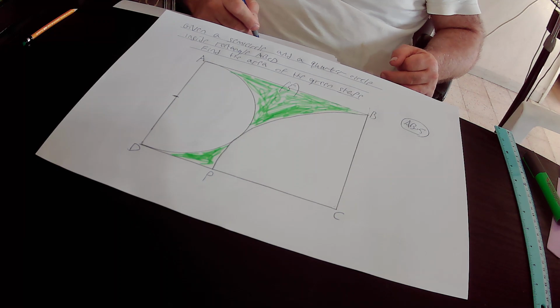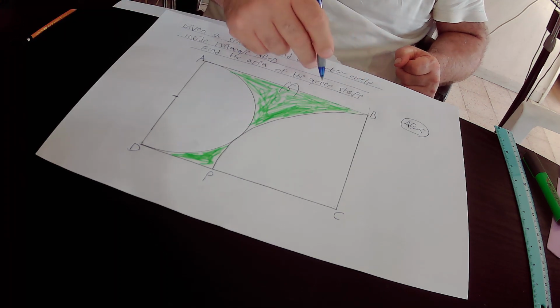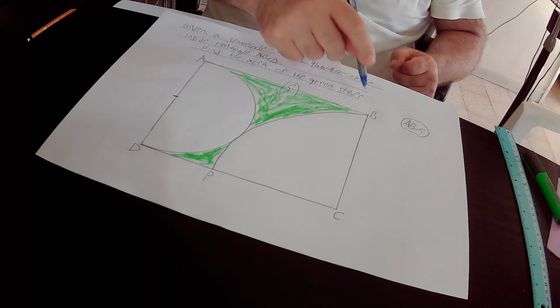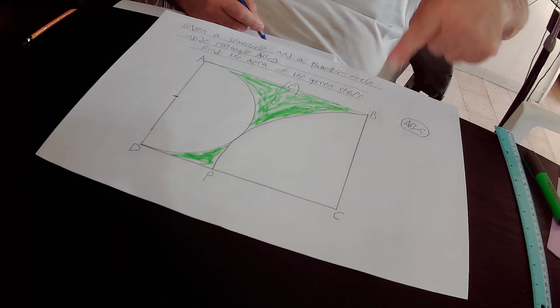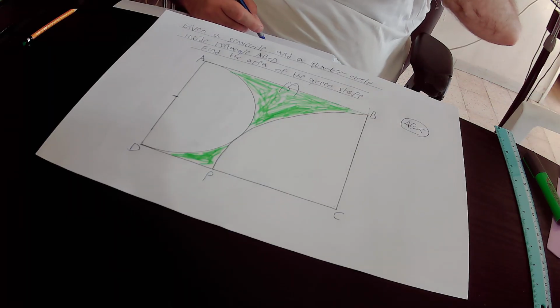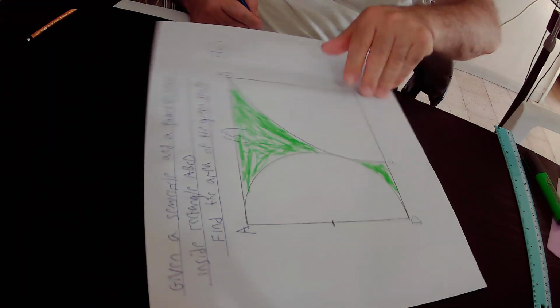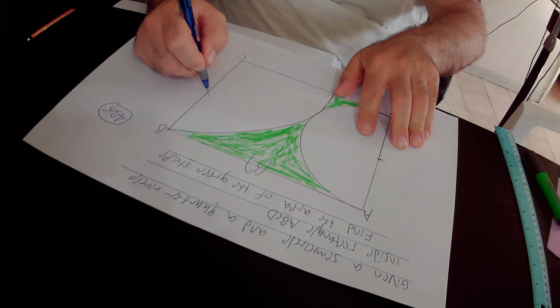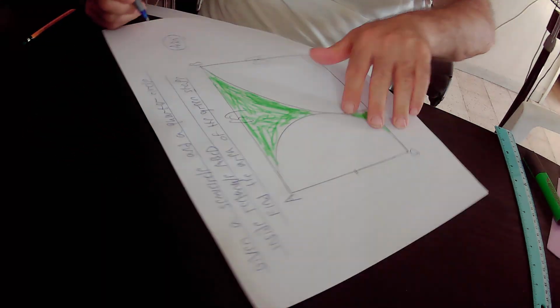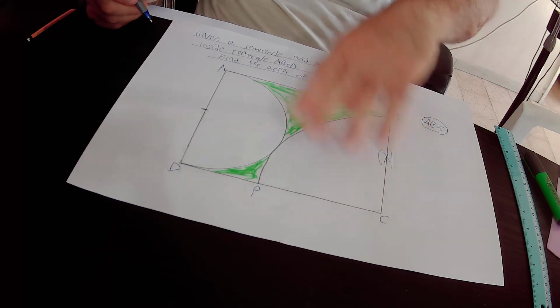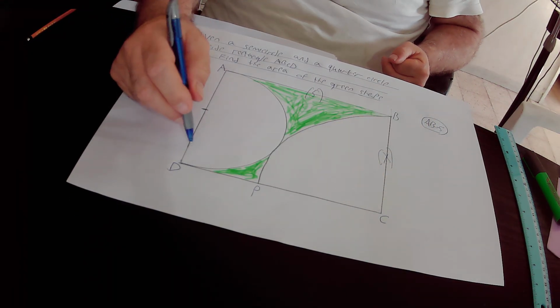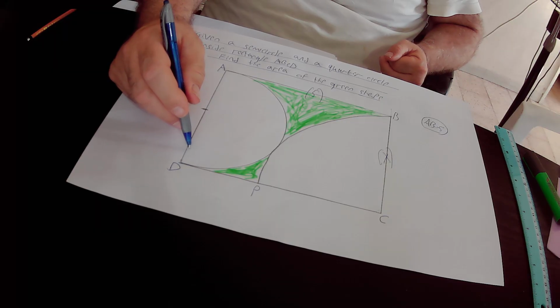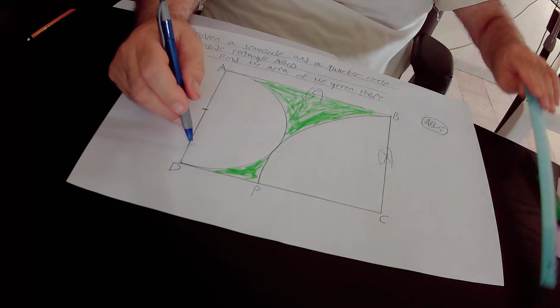So first of all, we will define the radius of this quarter circle BCP as x. So BC, that is the radius of this quarter circle, equals x according to our definition. We know that all the angles inside any rectangle are right angles, and therefore this angle ADC is equal to 90 degrees in its size.